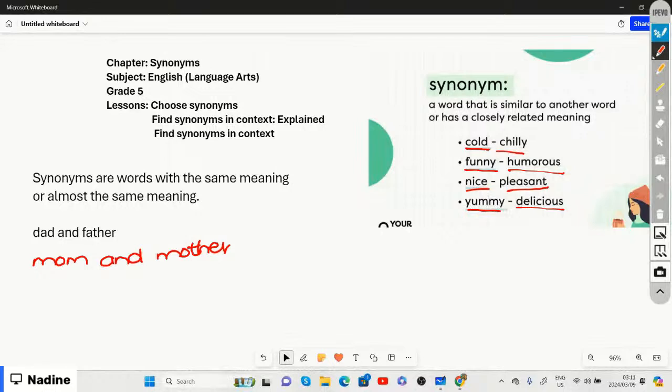So these are synonyms, right? Synonyms are words with the same meaning, or we can say words with almost the same meaning, or words that have a closely related meaning.